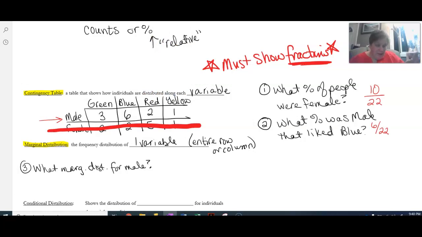Don't cross it off on your paper because I'm going to be able to delete that. But I'm going to just ignore that whole thing. And so what I'm focused on is only male. And so for the marginal distribution, there are 3 plus 6 plus 2 plus 1. So what is that? 12. So that's going to be 3 out of 12, 6 out of 12, 2 out of 12, and 1 out of 12. I put them in the exact same spot as they would fit in the table, so I don't have to identify them. You can leave them just like that.